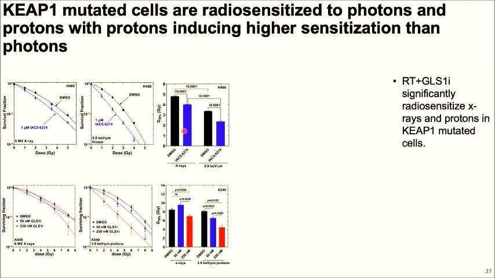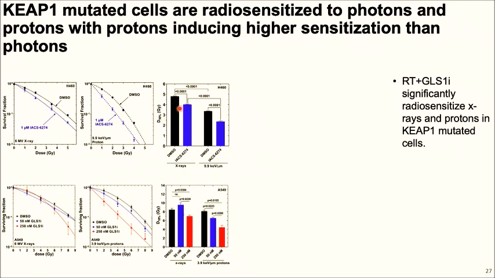This plot here is just quantifying the survival curve to measure the radiosensitivity. What you can see is that the GLS1 inhibitor sensitizes the cells to both photons and protons.